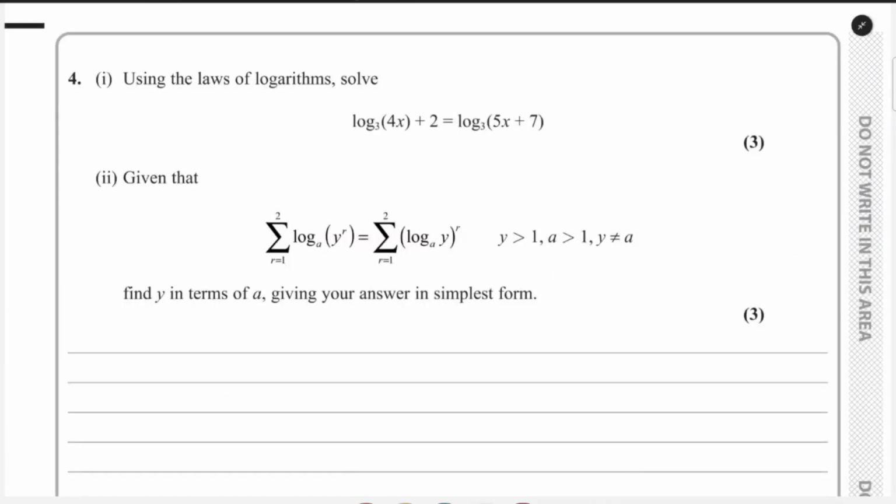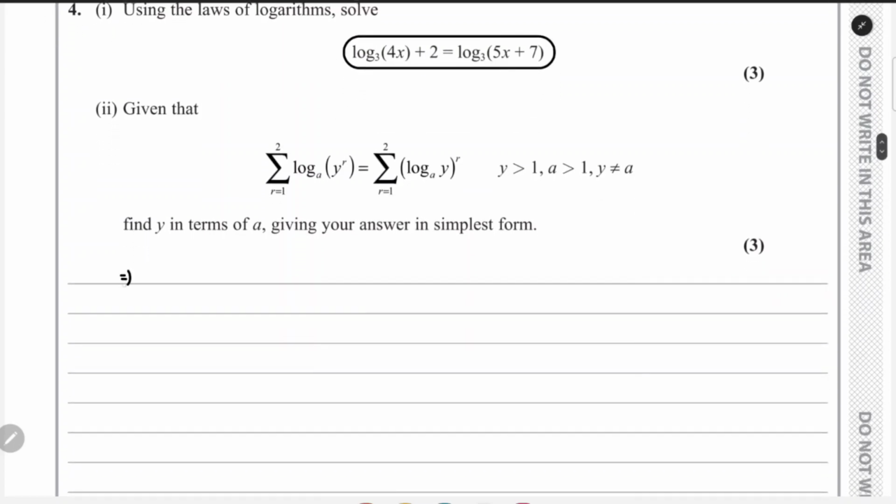Now in question 4, we have to solve this logarithmic equation using the laws of logarithms. At first we'll have log 4x base 3 plus, instead of 2, we need to introduce another thing with log base 3. We can write this as 2 times log 3 base 3.